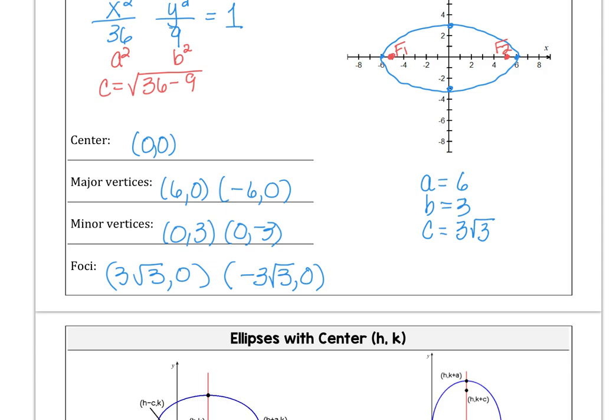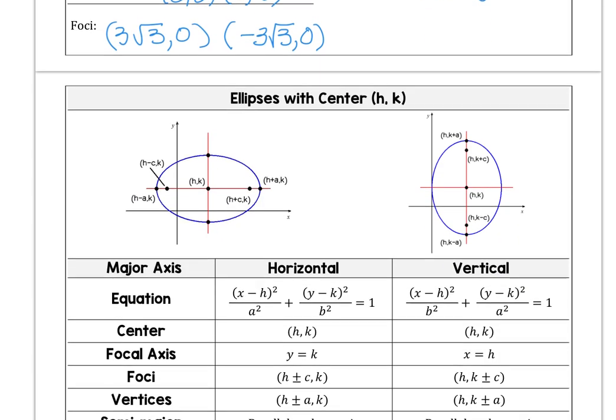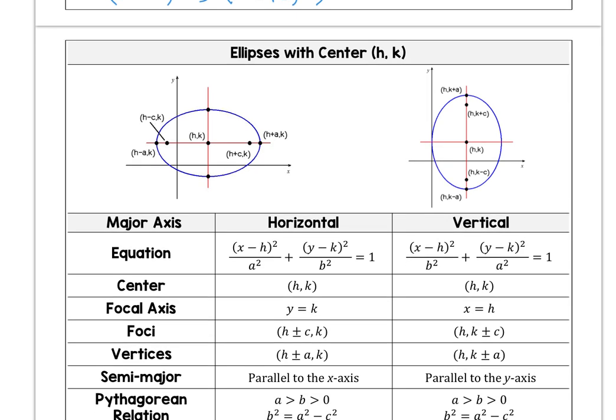Next, we want to try something a little more complicated. We're going to move or translate the equations where the center is at (h, k). Now, what can we know about these situations? Here I see the same thing. If the a value is under the x, we have a horizontal orientation.